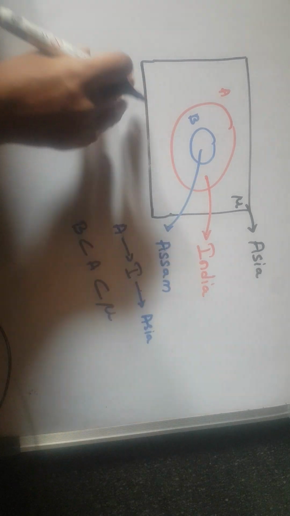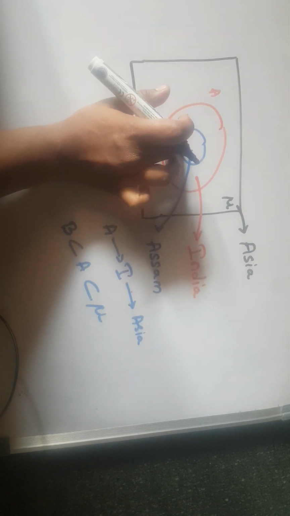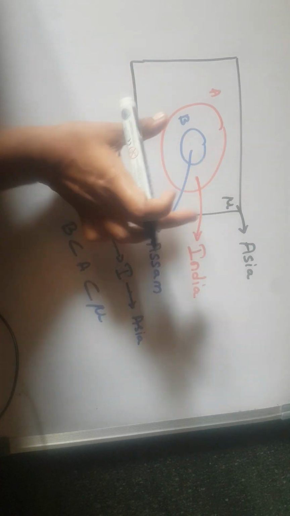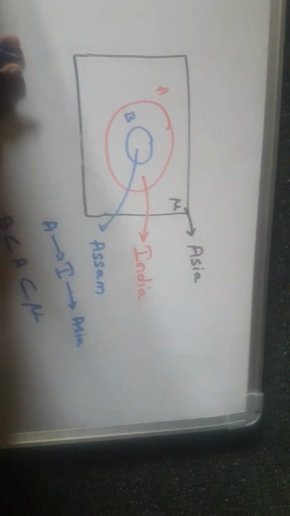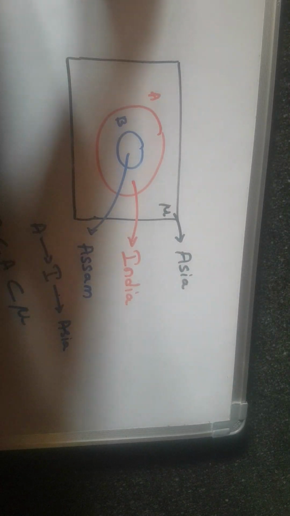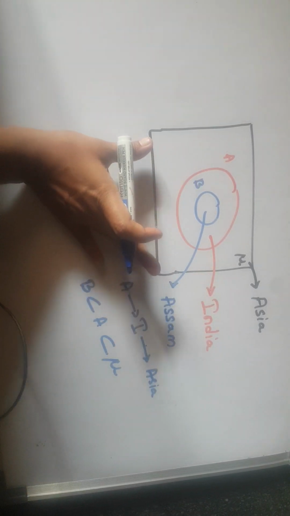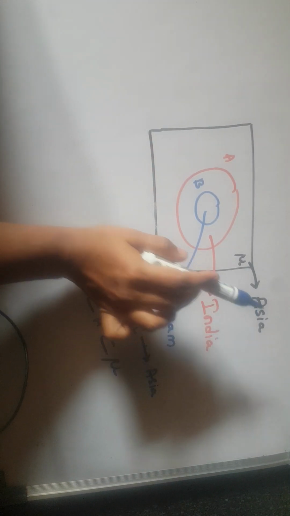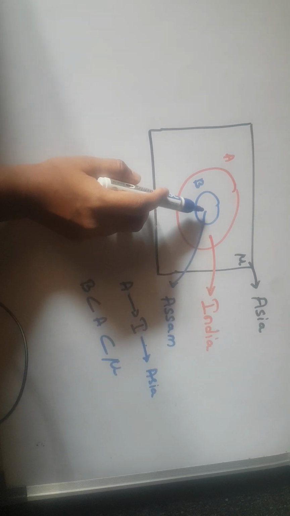So the elements in B are a subset of A, and A is a subset of the whole universal set. You have understood this: in Asia we have the country India, and in India the state Assam.